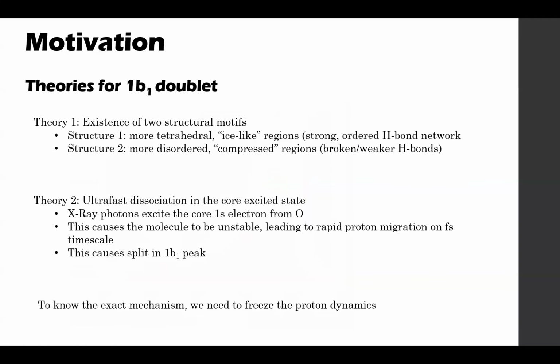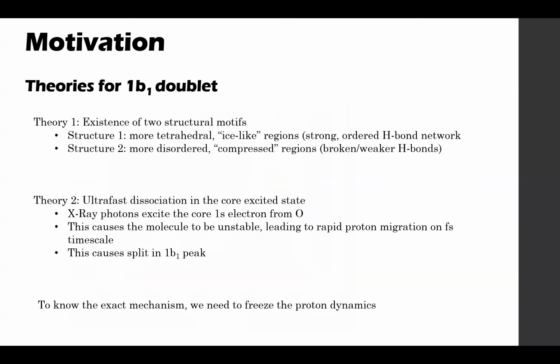So this doublet actually led to two theories. Theory number one was that water is not homogeneous, it doesn't have a single structure, but it exists in two structures.